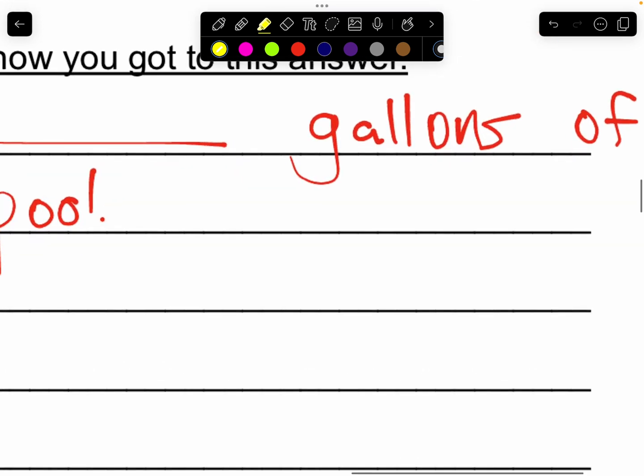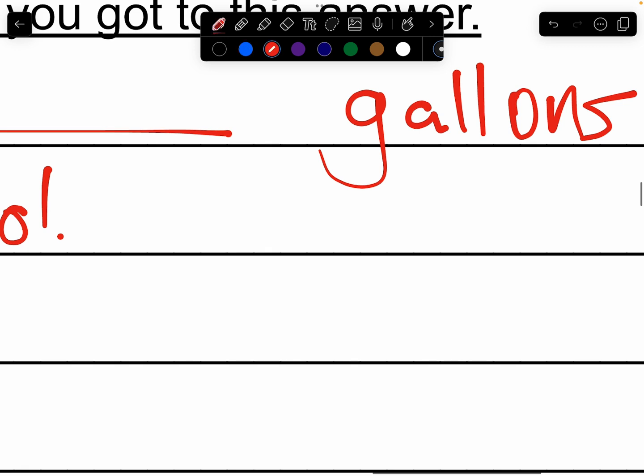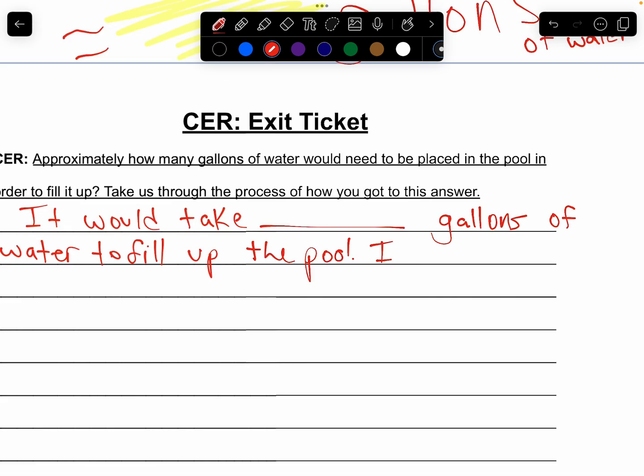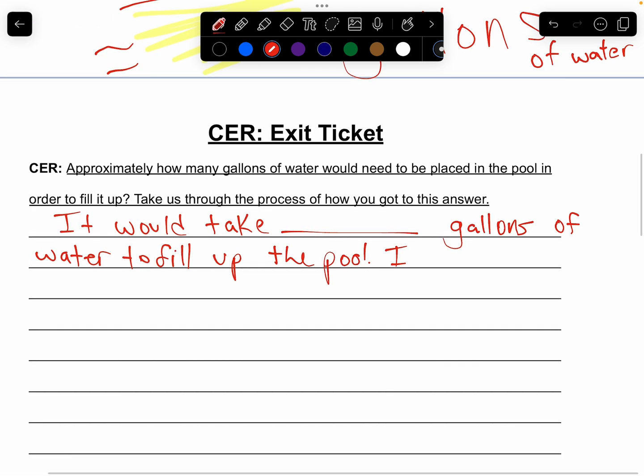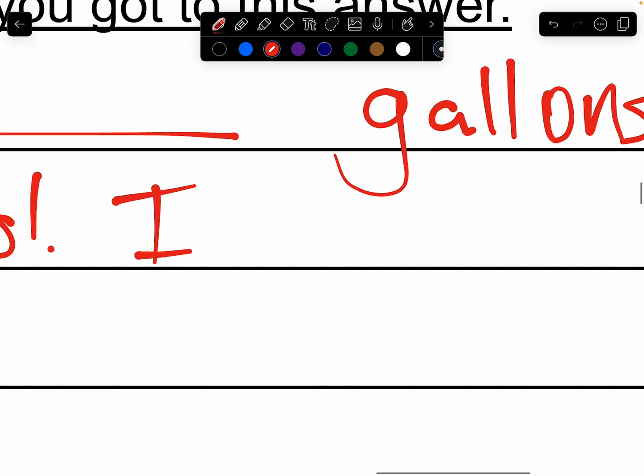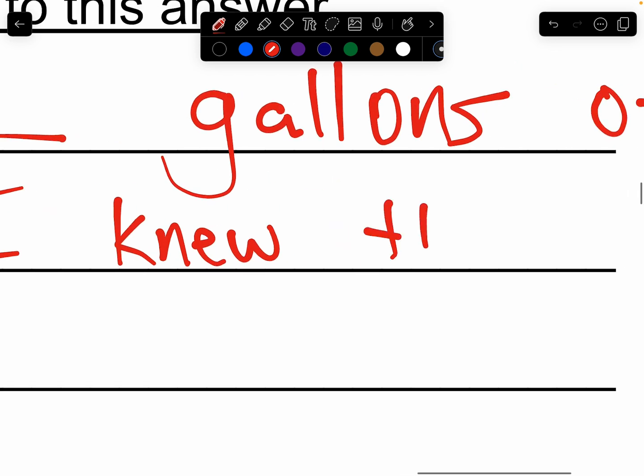Now, let's back our work up. With our claim, we're saying there's this many gallons. Our evidence, how do we know this? Well, first things first, okay? You guys would say, I knew the pool was a cylinder shape.